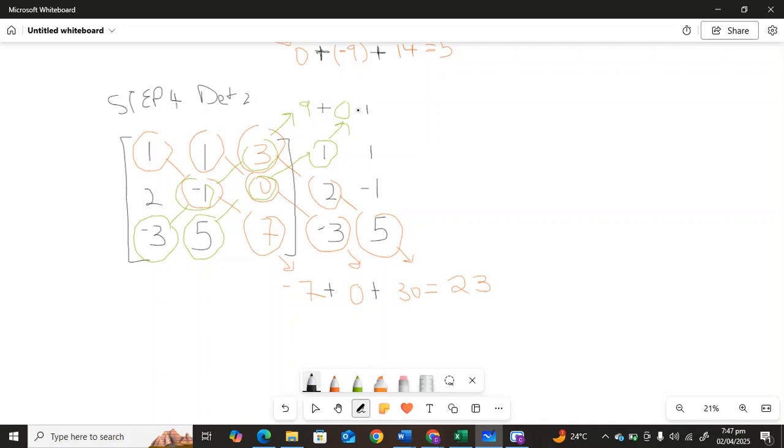Plus 7 times 2, that is 14. 14 times 1, that is 14. 9 plus 0, 9 plus 14, 23.